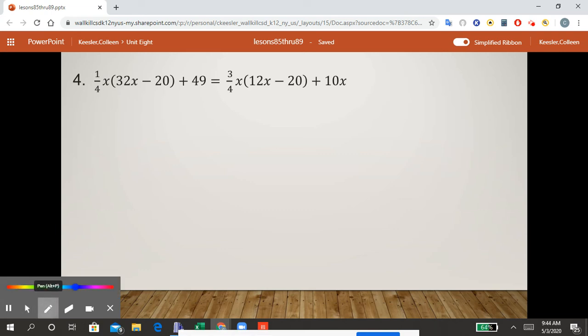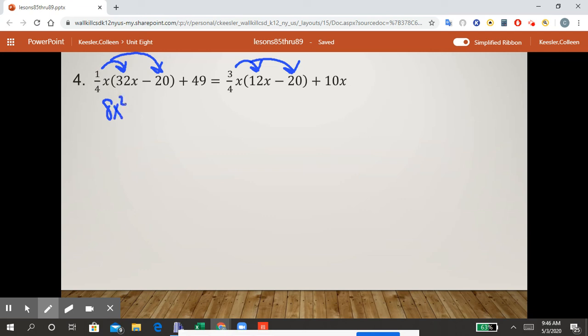So in this case, again, we have distributing on both sides. On the left, we're going to distribute the 1/4 x, and on the right, the 3/4 x. By distributing, we get 1/4 of 32, which is 8, and x times x, which is x squared, minus 1/4 of 20, which is 5, keep the x, plus 49, equals 3/4 of 12.